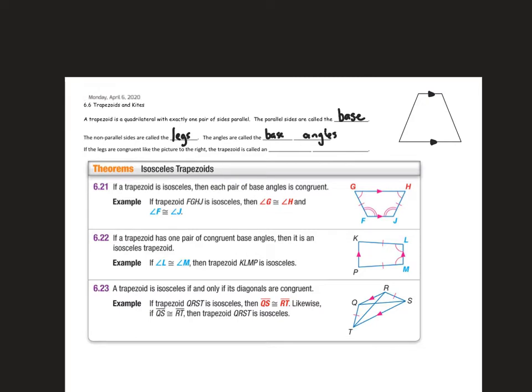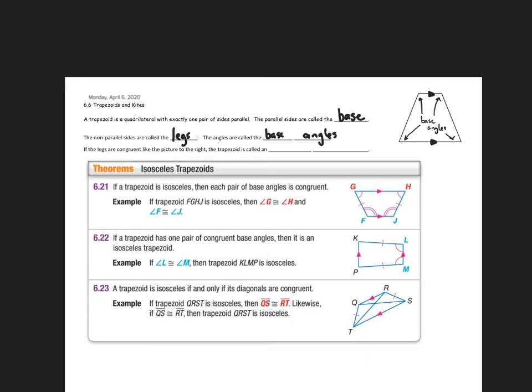In this trapezoid, we have four base angles. I have some right here in the north, and I've got some down here in the south.